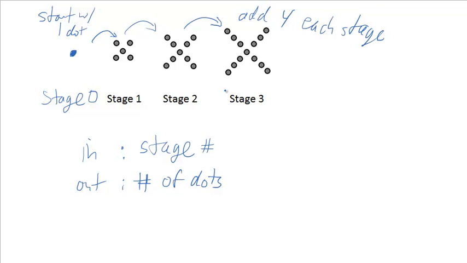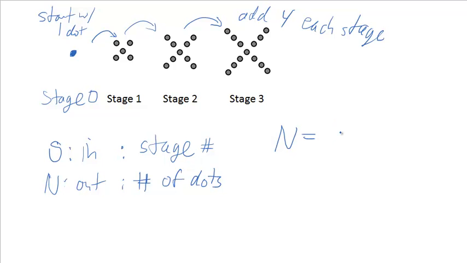So if we notice that we're starting with 1 dot and we're adding 4 dots each stage, could we write an equation for the number of dots? Okay, so let's call this variable n, our number of dots, and let's call this s for stage. Could you write an equation for the number of dots in stage s?